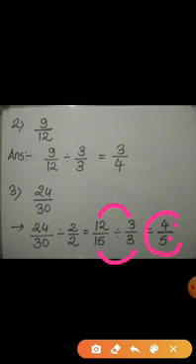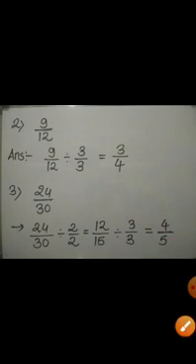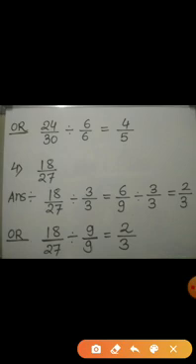Hence the final answer is 4 by 5 because the fraction 4 by 5 is in its lowest term now. Children, if you want, you can divide both numerator and denominator by the same number, that is 6, as well. When you divide 24 by 6, you will get 4, and when you divide 30 by 6, you will get 5. The answer is 4 by 5 as we got previously.